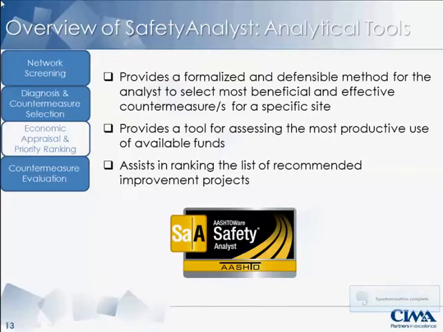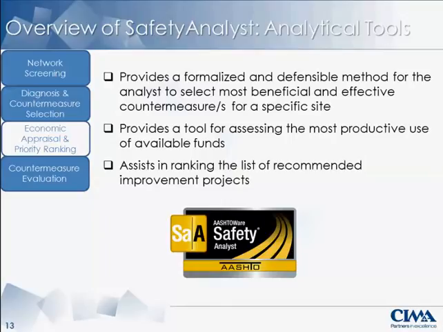The next step is the economic appraisal and priority ranking. It is very strong in that area of doing economic appraisal. Just I want to reiterate, you have now some countermeasures. You want to know whether these countermeasures are economically viable or not, right? So you do economic appraisal.